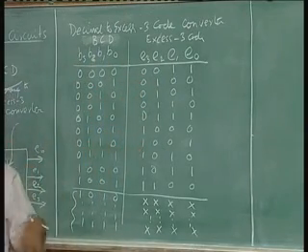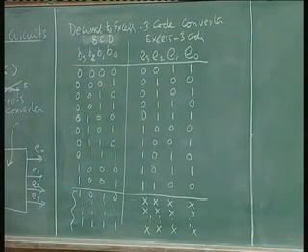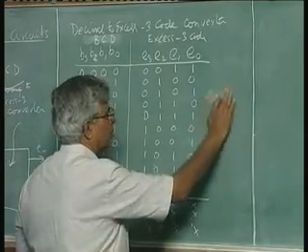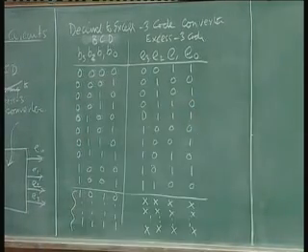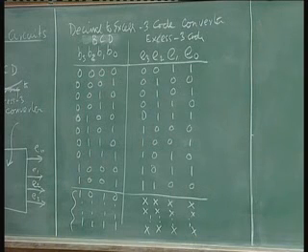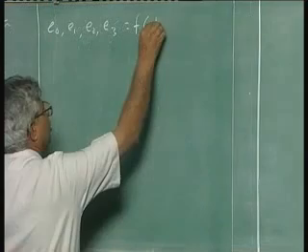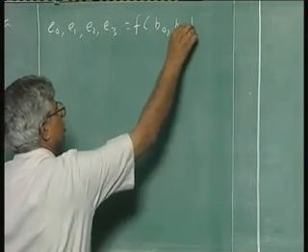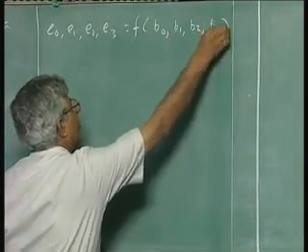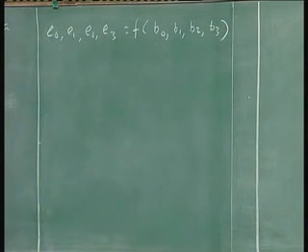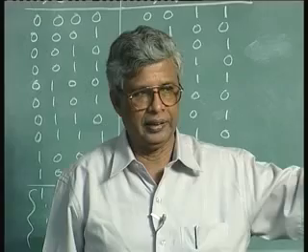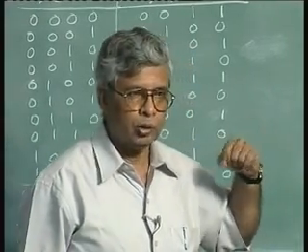We will have to write 4 functions, representing E0, E1, E2, E3 as functions of B0, B1, B2, B3. Isn't it? That is our job. Once we have these functions simplified to minimum form, I know how to proceed, because I can buy those gates, put them together and get the circuit to work. Let us quickly do this.